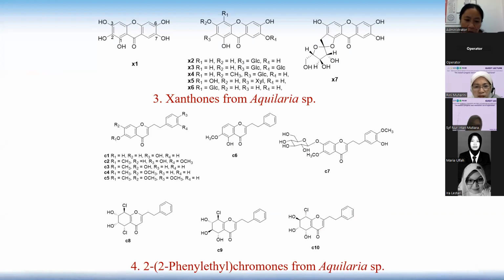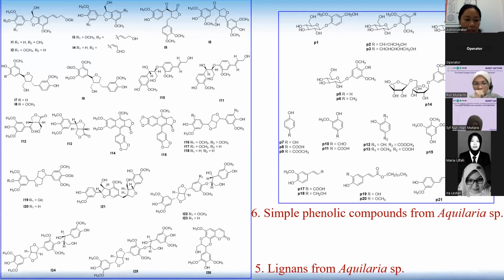But from the agarwood, this type of compound is very common. So we guess maybe this plant already started to produce agarwood. And then we also isolated this compound.